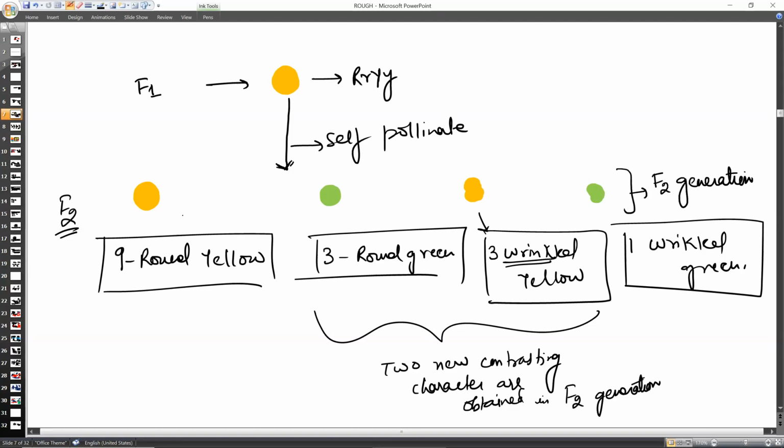You check it. We only took round yellow and wrinkled green, but we didn't take round green and wrinkled yellow.